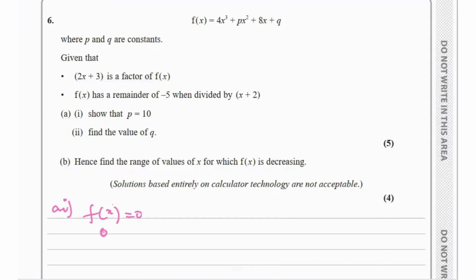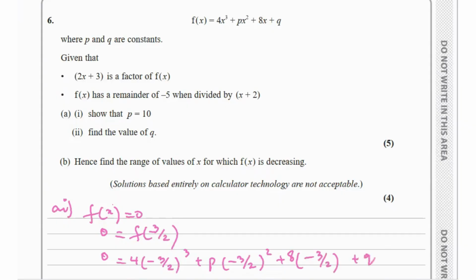So 0 = f(−3/2). So that's going to be 0 = 4 × (−3/2)³ + p × (−3/2)² + 8 × (−3/2) + q.